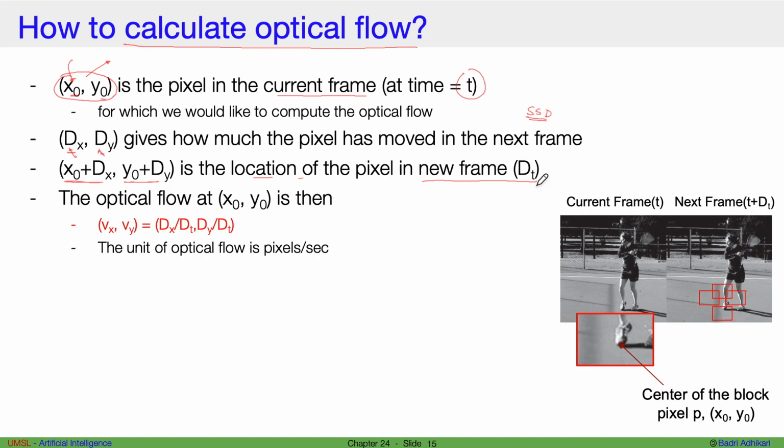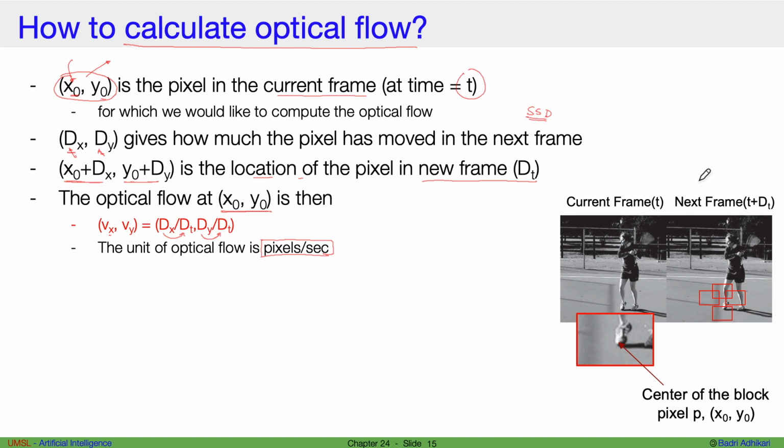Then we define optical flow at this pixel, x naught, y naught, as vx comma vy equals dx by dt comma dy by dt. It's very important to understand that the unit for optical flow is pixels per second.